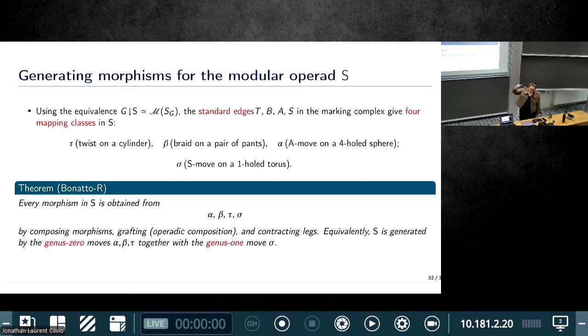And then sigma, which is some new morphism for the S move. And in fact, every morphism in this modular operad is obtained by operadic composition, contraction, and permutations of these morphisms. So the whole modular operad is generated in genus 0, with 1 additional morphism.